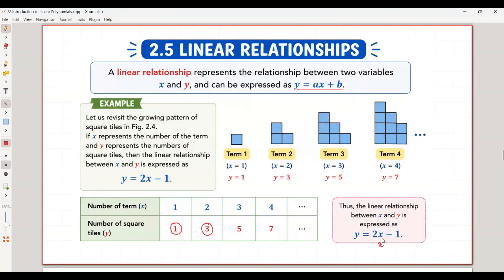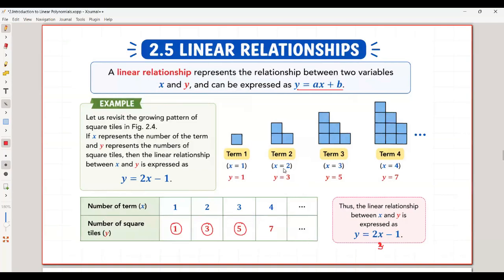If x is equal to 3, 3 twos are 6, 6 minus 1, 5. So this is the relationship. If x is increasing, y also keeps on increasing based on the given condition.